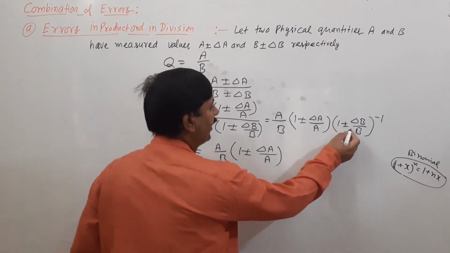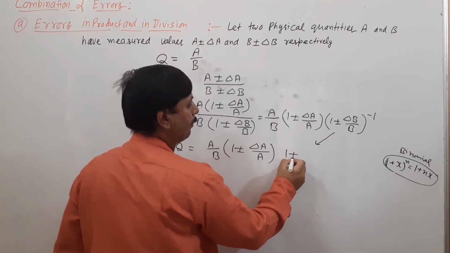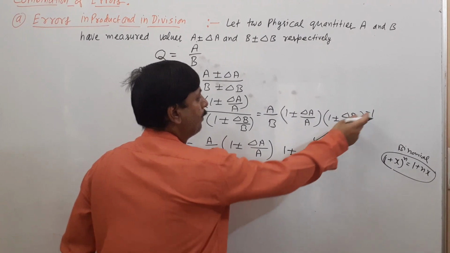If we apply the binomial theorem here, what happens? For 1 plus minus del B upon B, the power minus 1 is multiplied.